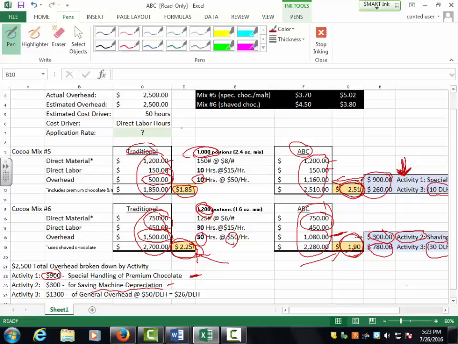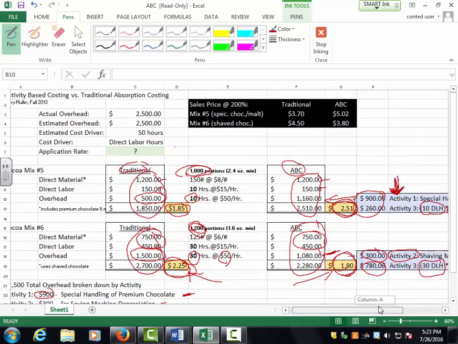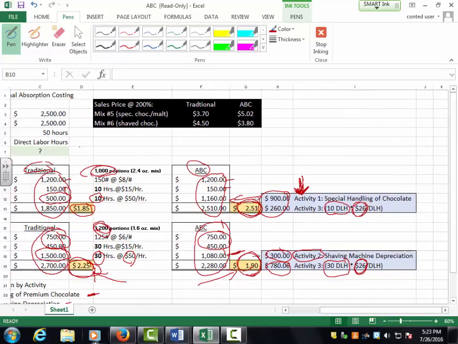If we doubled these prices, and I kind of did this up top here, we'll just say that our markup is 100%, so the markup and the cost would be 200%. Under the traditional approach, for recipe number 5, our selling price would have to be 3.70.